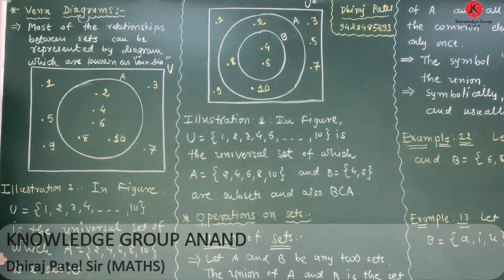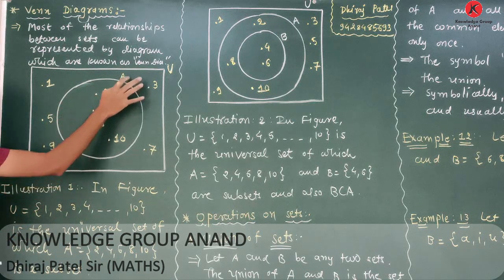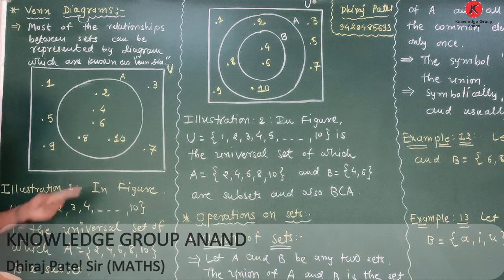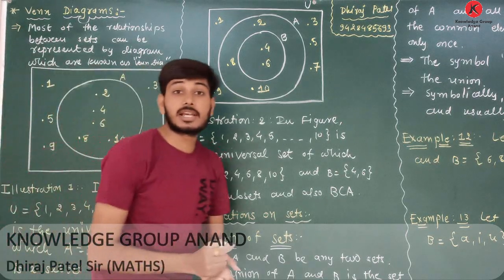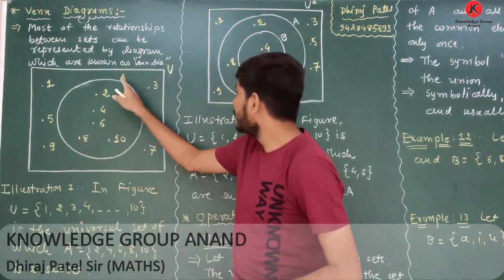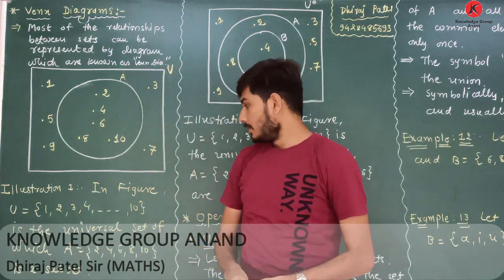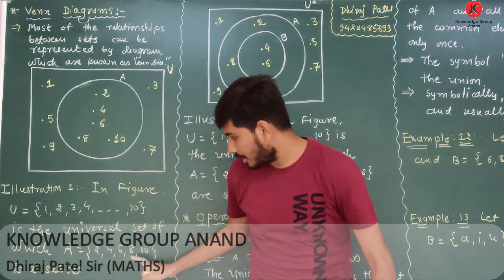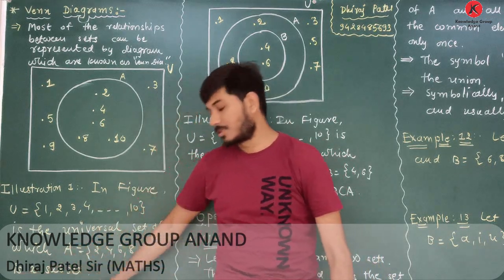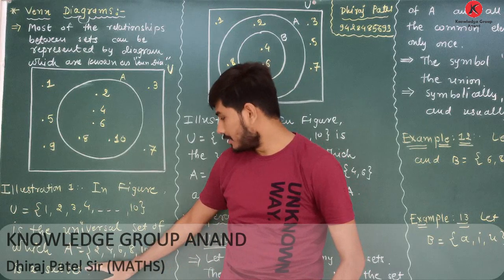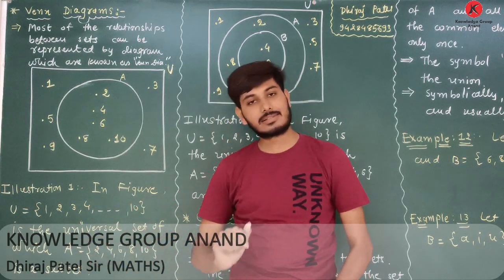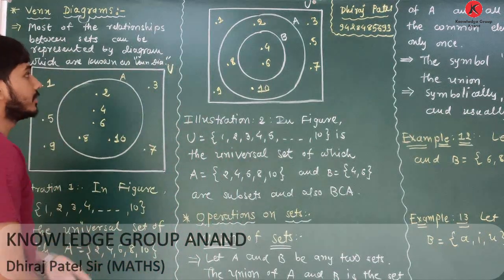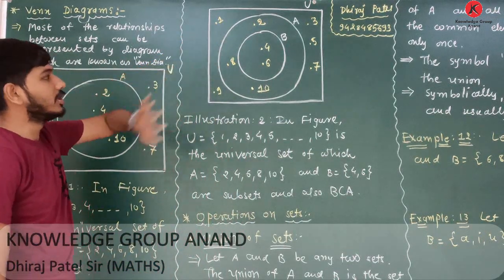Therefore we can say that all the elements of set A are in U. Therefore, A is a subset of U. U is the universal set of which set A is a subset. Okay? A is a subset of the universal set. Is it clear?